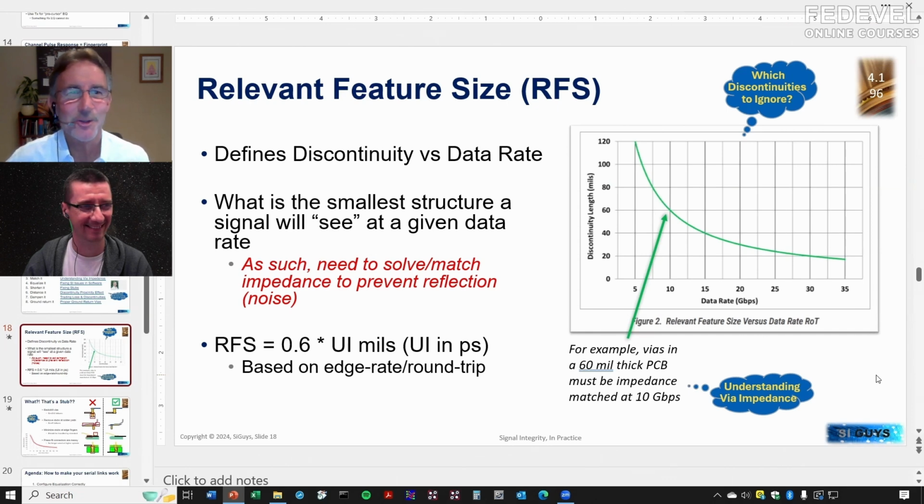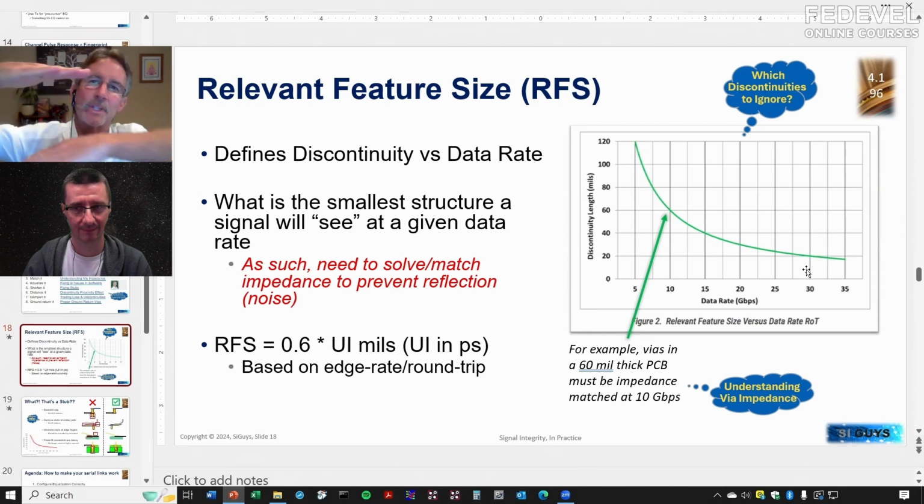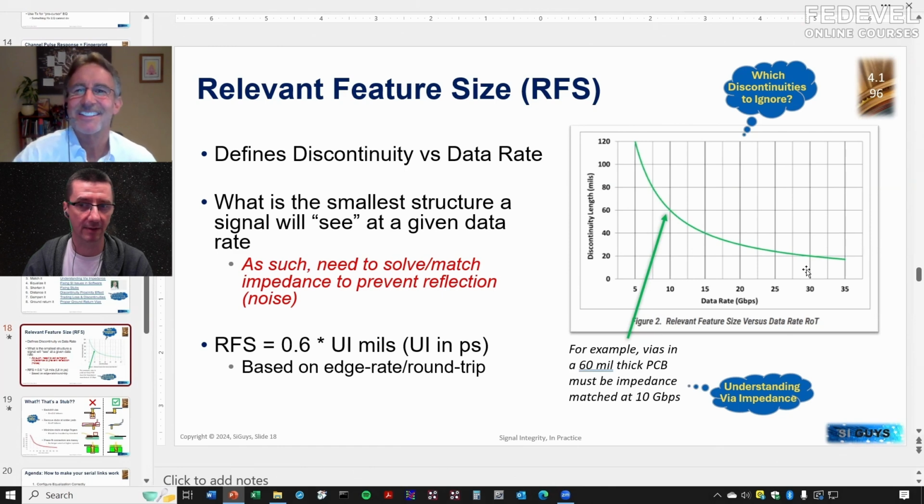For gigabits per second, the max fundamental frequency we're talking about is always half. Because I've got one bit high and one bit low, and that makes up my period. So the frequency of interest is half the number shown on the x-axis. So for 10 gigabits per second, we are talking about 5 gigahertz.